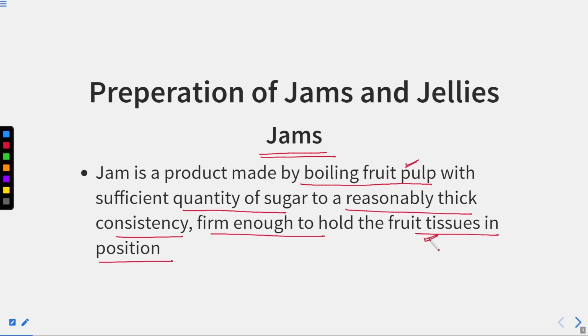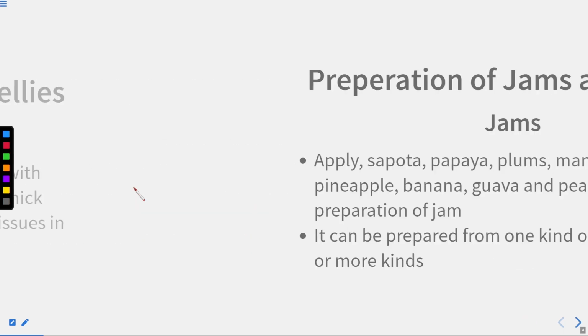The fruit pulp has the fruit tissue. So this fruit pulp is boiled and a sufficient quantity of sugar is added to it, and it is maintained at a quite thick consistency, firm enough to hold the fruit tissue in place. So this is the jam.